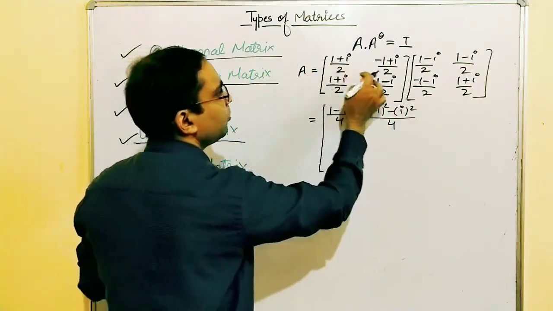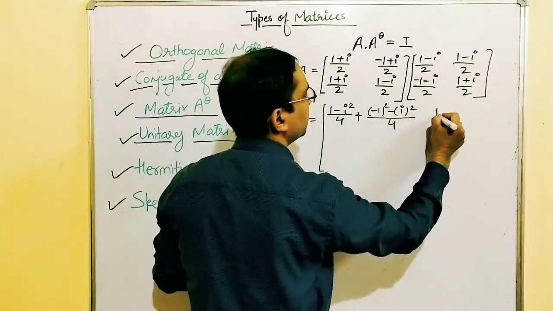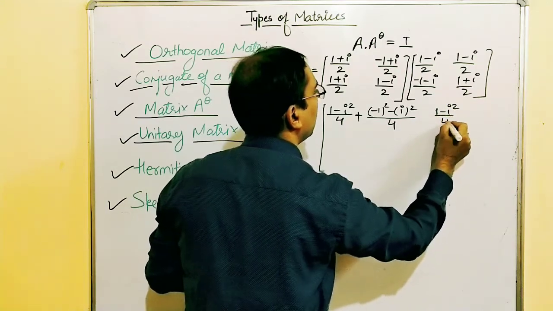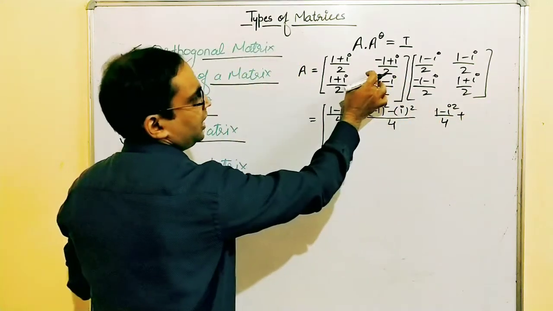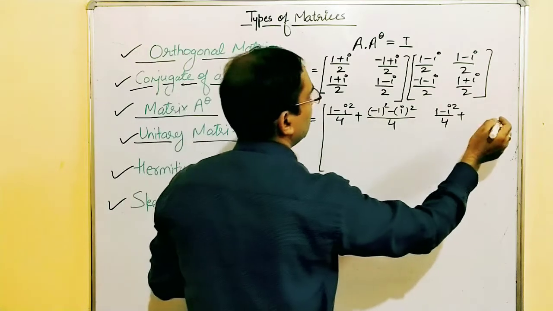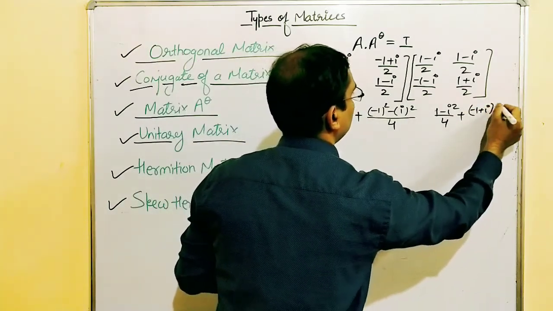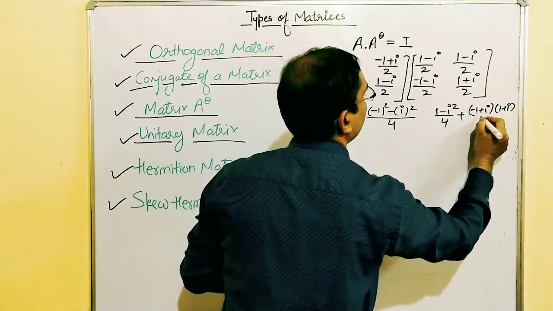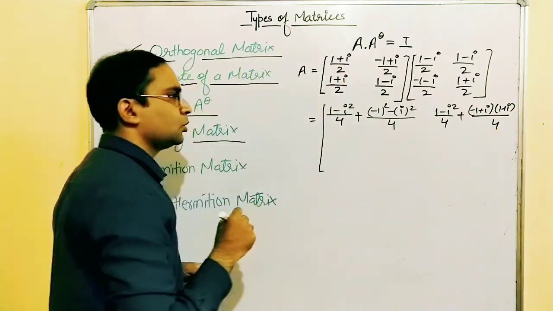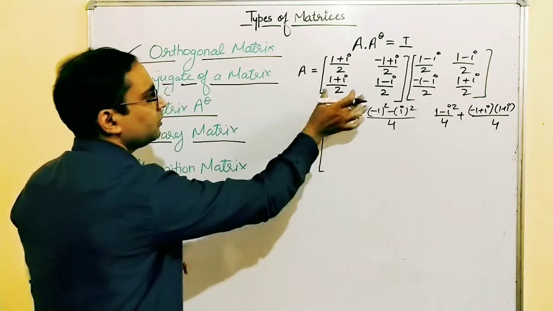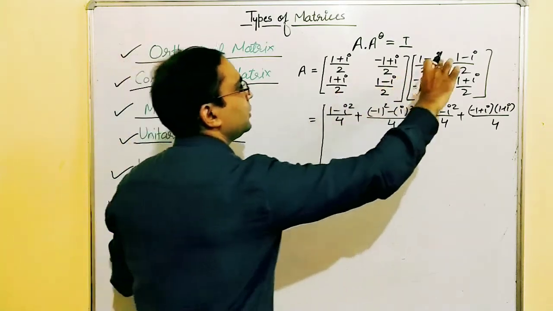So this will be (1 plus i) upon 2, (1 minus i) upon 2. This is (1 minus i square) upon 4, then plus minus (1 plus i) upon 2, minus 1. This is minus (1 plus i), and (1 plus i), whole upon 4. So this is the first row. Next row, we'll multiply this row with the first column first.